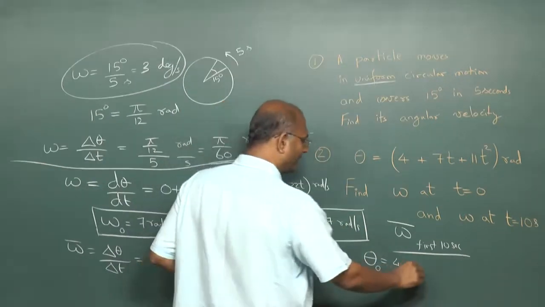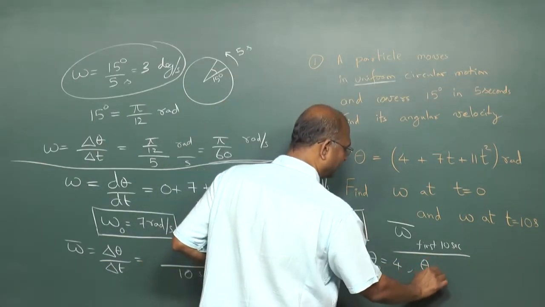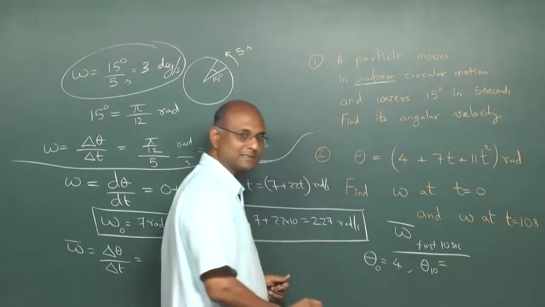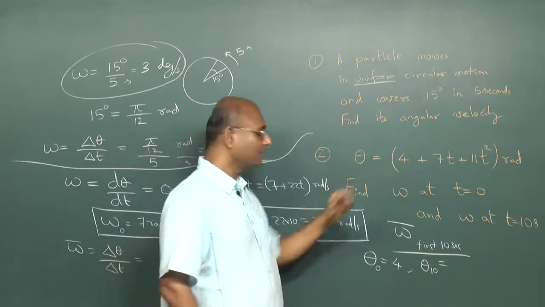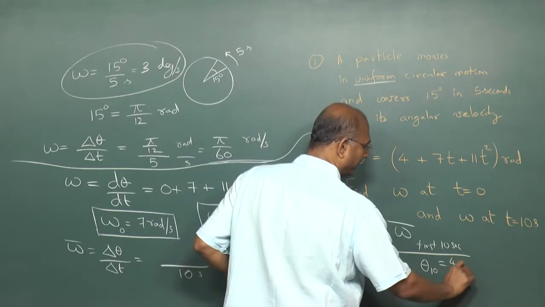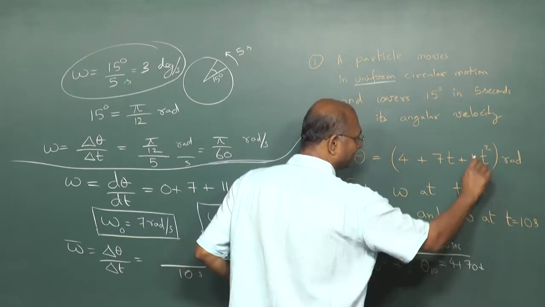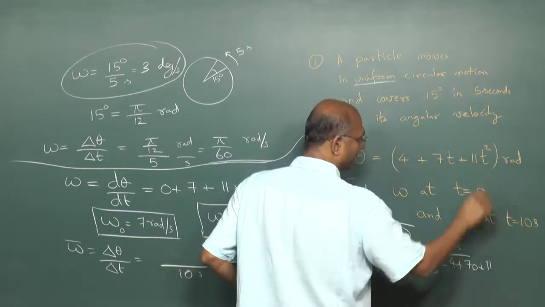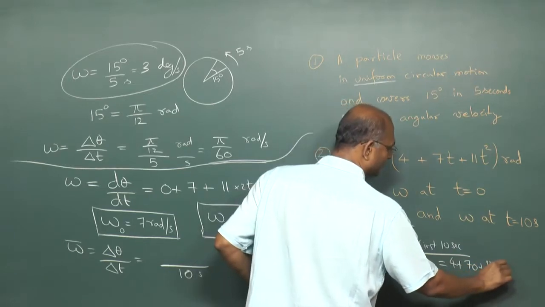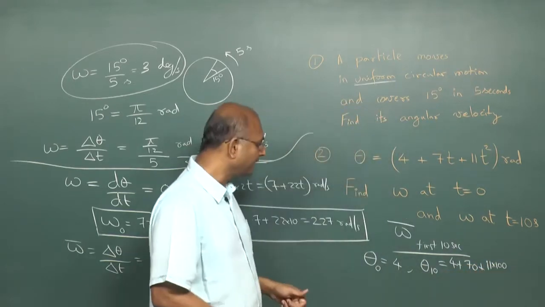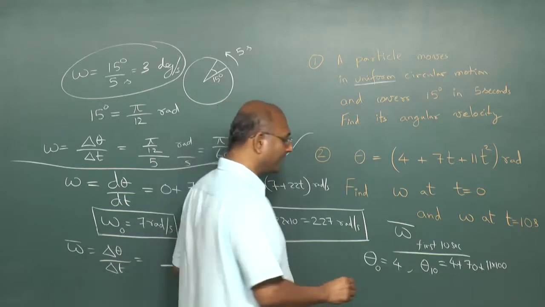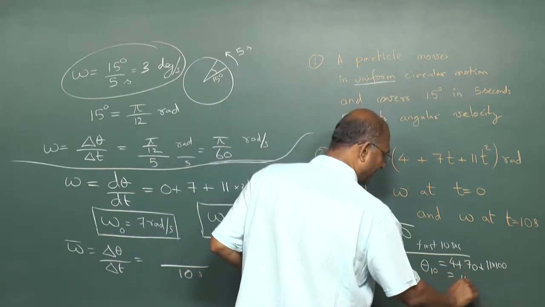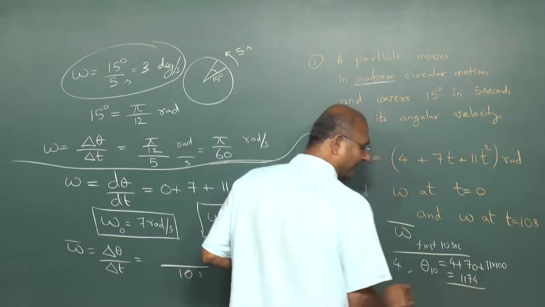Okay. And then what is theta final, which is theta at 10 seconds? Substitute 10. So you will end up with 4 plus 70 plus 100, like 11 into 100, so 1100. Right? So if I add this, I'm going to end up with 1174 radians.